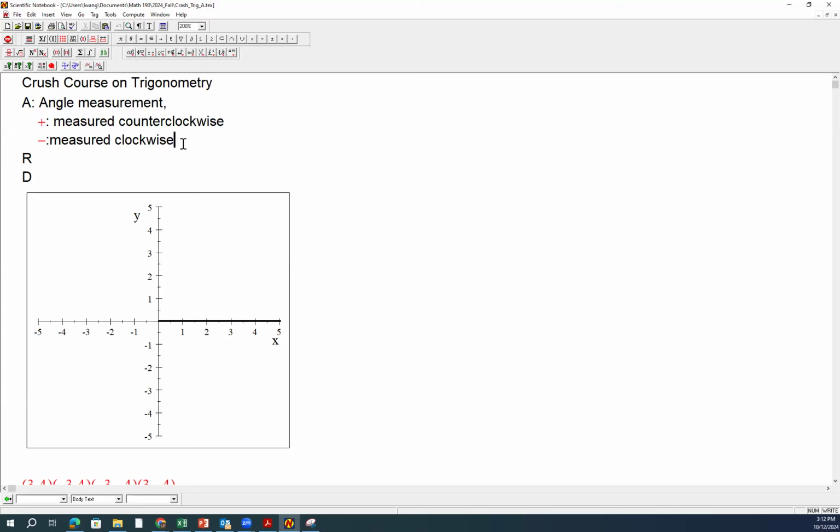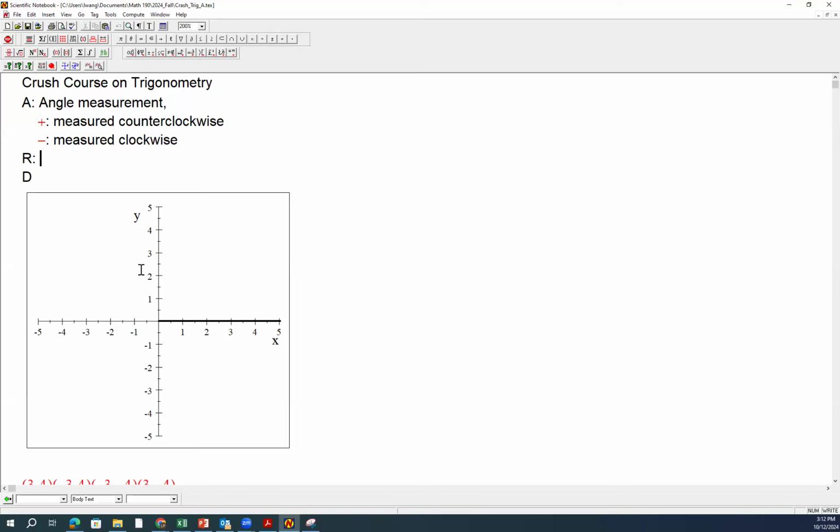That's the most important element in trigonometry and in everything about trigonometry. Every angle is measured starting from the same position, either counterclockwise or clockwise.